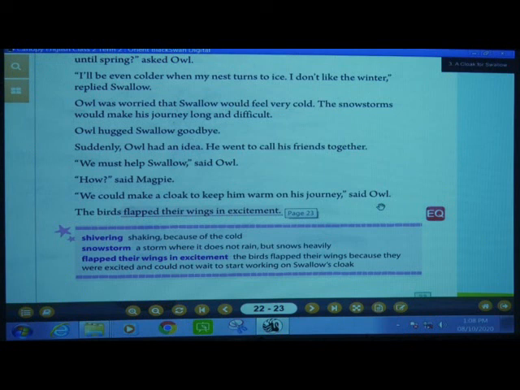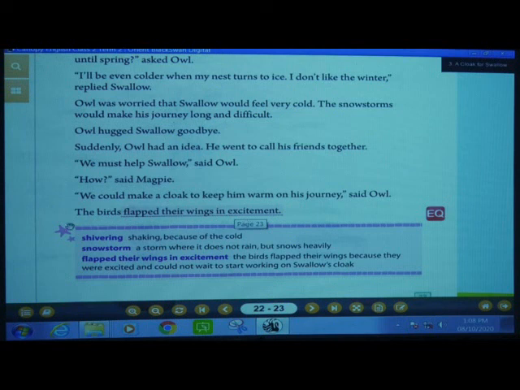So Owl wanted to prepare a cloak for Swallow. The birds flapped their wings in excitement.